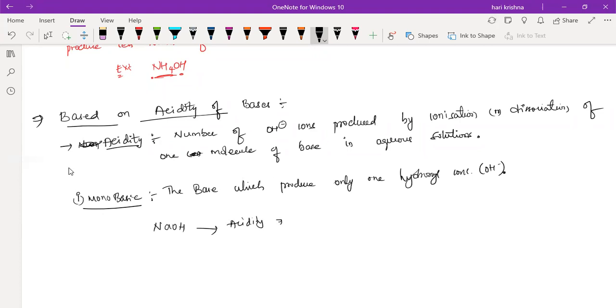Now we have to tell the remaining examples. Other examples. Calcium hydroxide. How many OH are there?